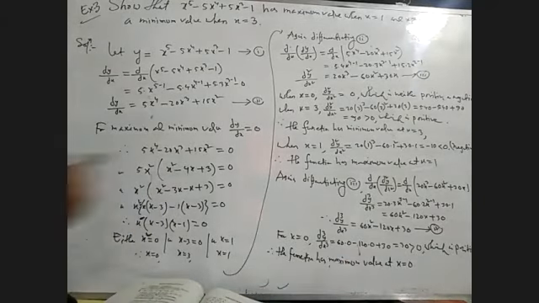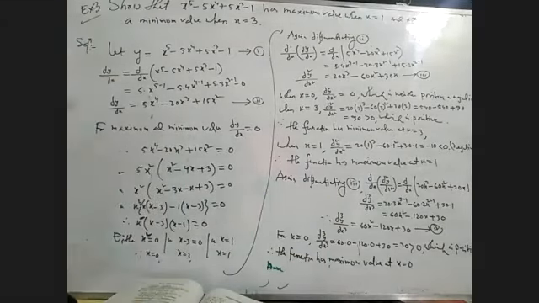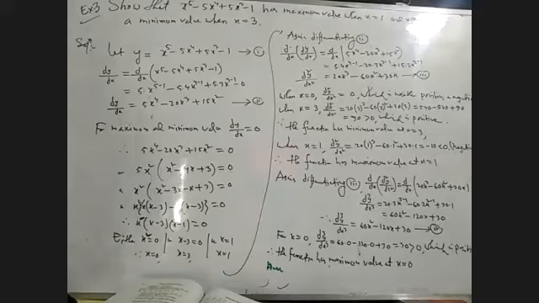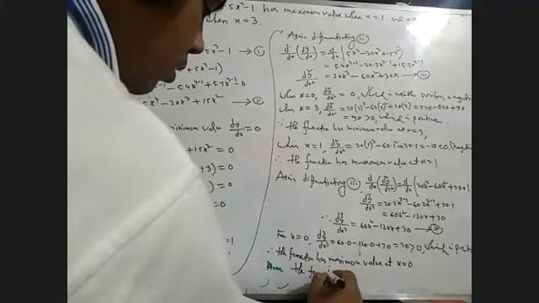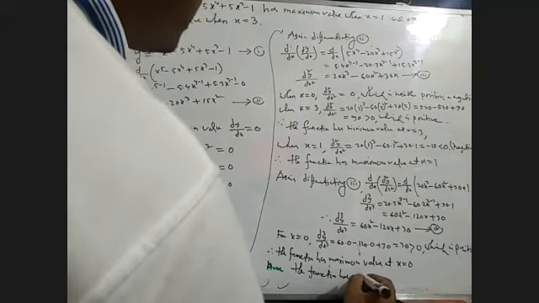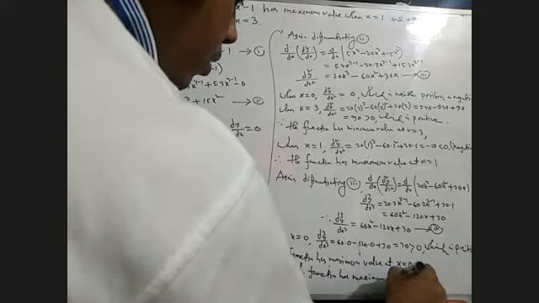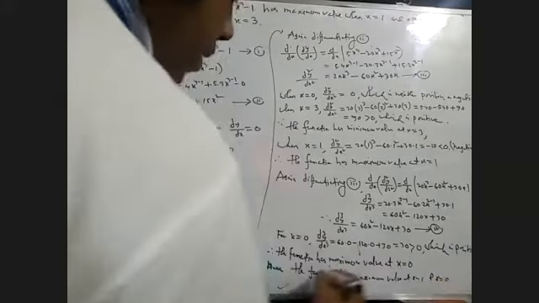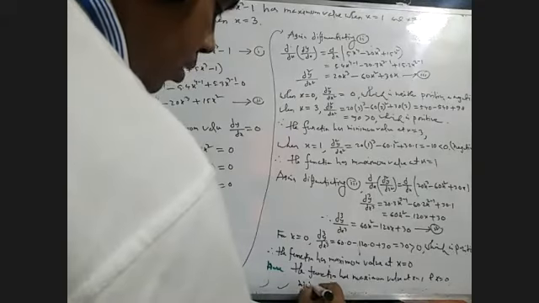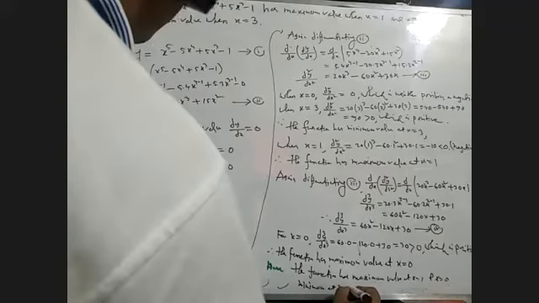Now we can say, hence, the function has maximum value at x equals 1 and x equals 0, and minimum value at x equals 3.